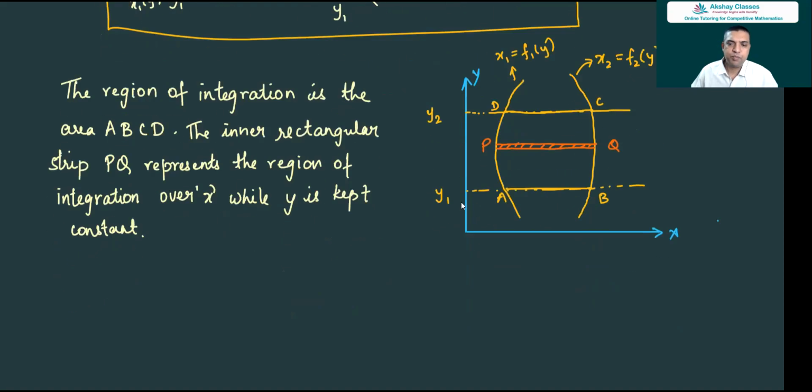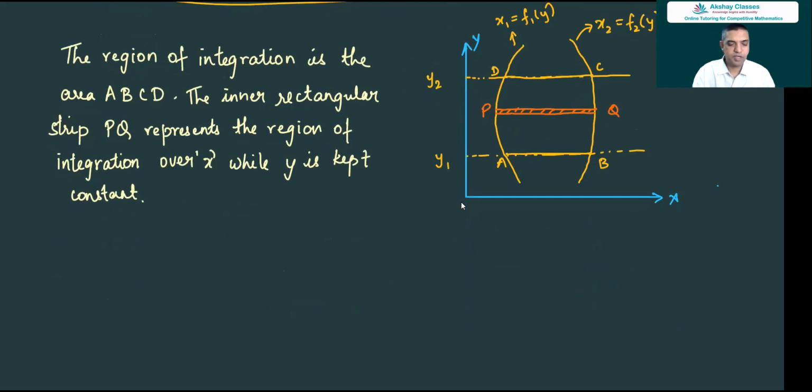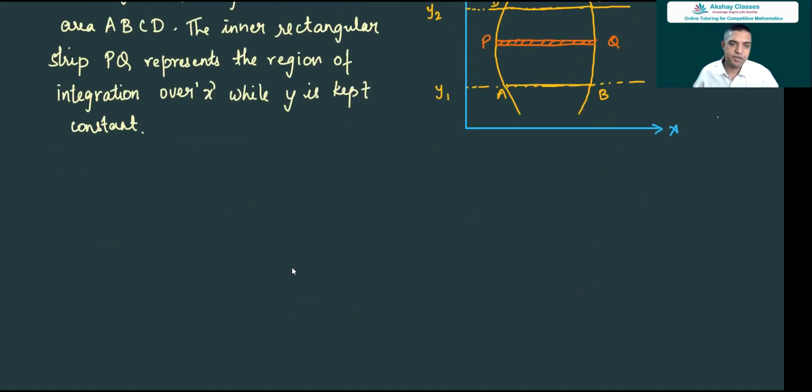Now, what happens if both x1 and x2 and y1 and y2 are constant? Then this is very, very easy. This is the easiest of the integrals.